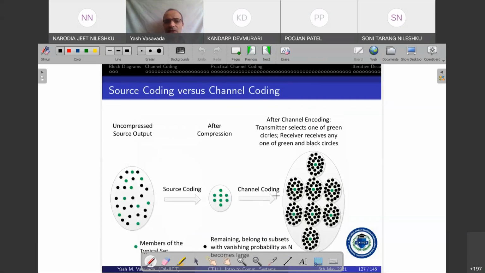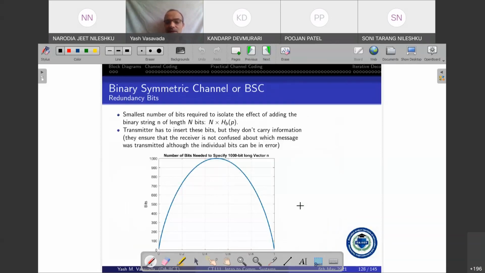But then we blow up the compressed output of the source encoder and make it a larger length. But this time, the way we make it larger, we introduce these black dots in a proper manner. Here they are arbitrary. We have no control over this. The channel encoder introduces these extra sequences in a controlled manner so that the decoder can recover from the message errors.